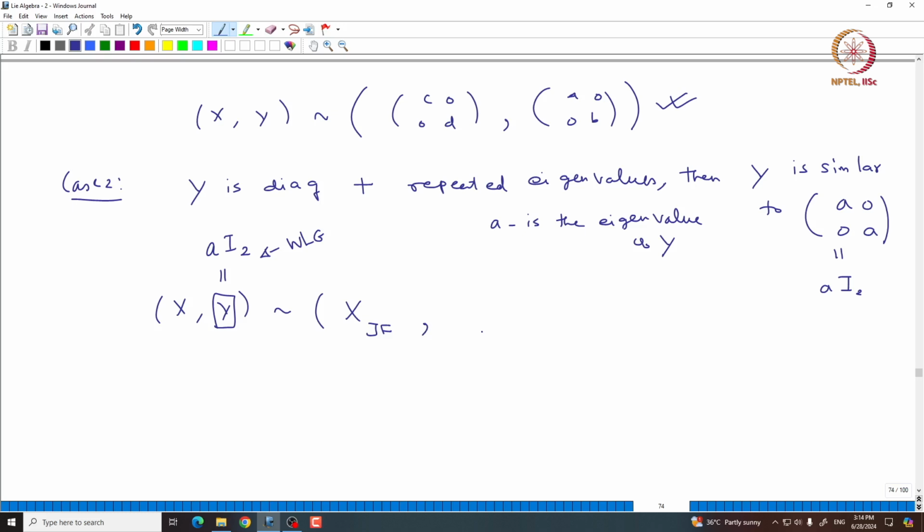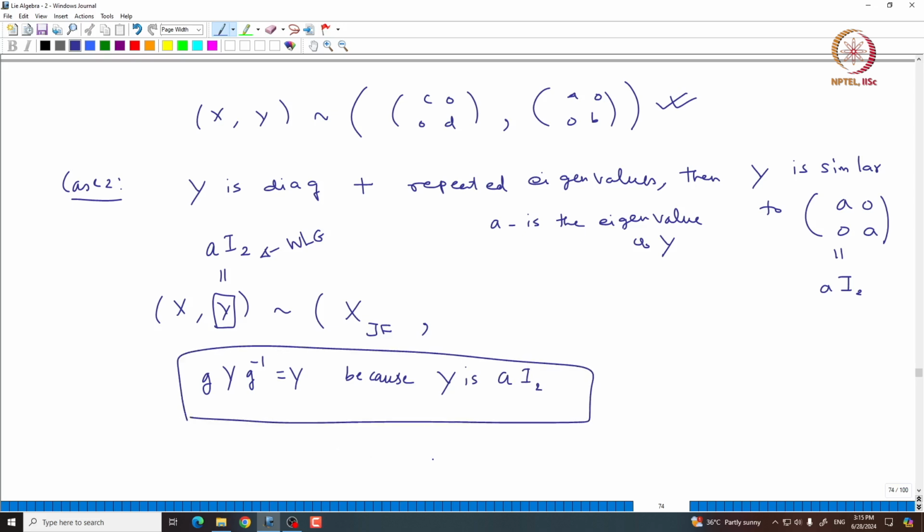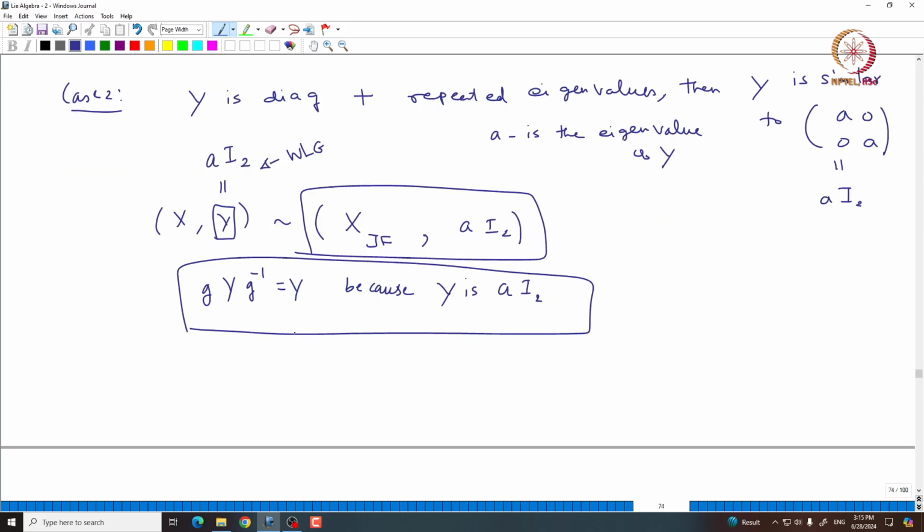Then for that same G, we will have G y G inverse equal to y, because y is A times identity, and this is true for any G in GL2 of C. So, that is why this pair x, y will be related to the Jordan form corresponding to x and A times identity. Okay. So, in this case the parametrizing tuples will be x Jordan form, comma, A times identity.